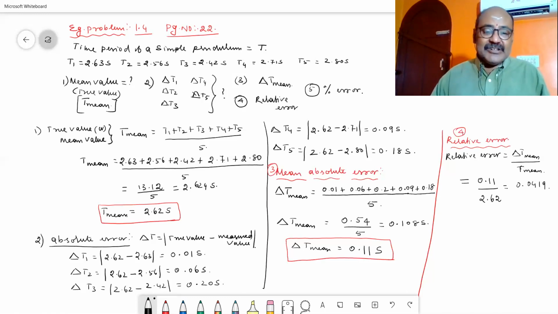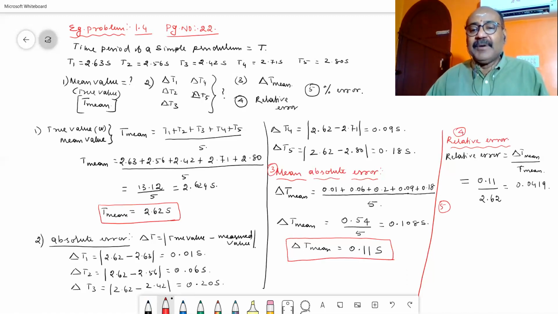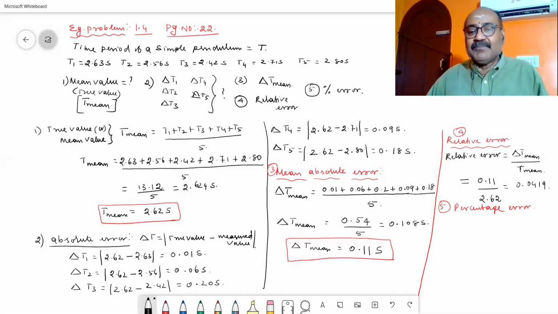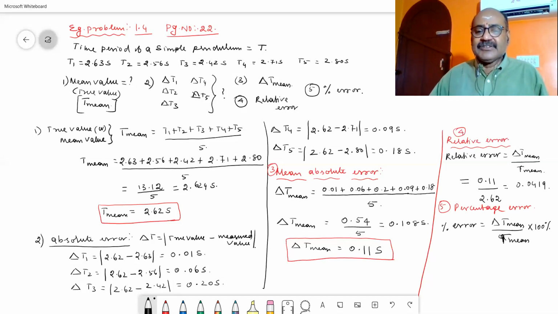What is the percentage error? The next one, the fifth point, I am taking as the percentage error. Percentage error is written as the percentage of that relative error. Percentage error is equal to delta T mean divided by T mean, the mean value or the true value, multiplied by 100%.